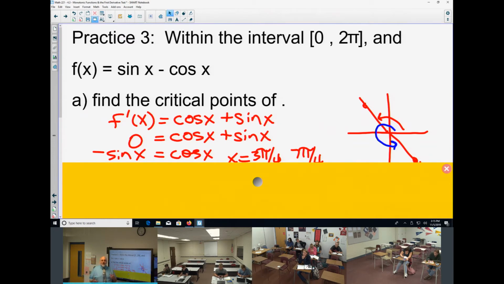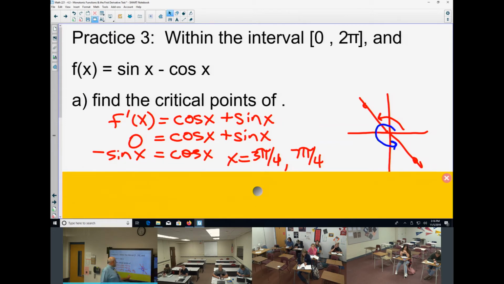The thing that helps is to think, where are the sine and cosine equal? That's in quadrant 1 at 45 degrees or pi fourths, and in quadrant 3, where both are radical 2 over 2. So at 3 pi fourths and 7 pi fourths, in quadrant 2 and quadrant 4, that's where they're opposites.